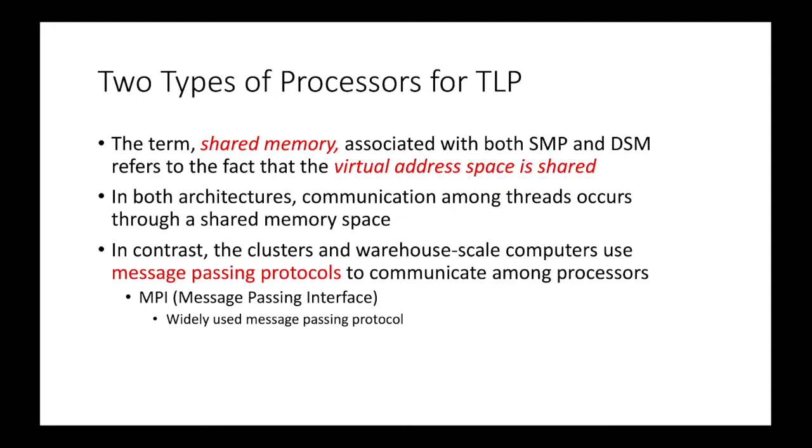In contrast, clusters and warehouse-scale computers use message passing protocols to communicate among processors because it's very difficult to implement one single virtual address space. MPI, the Message Passing Interface, is one of the most widely used message passing programming paradigms.